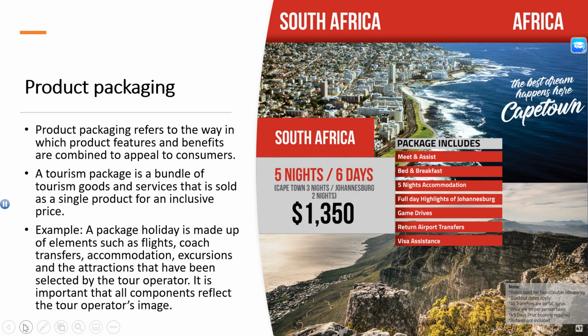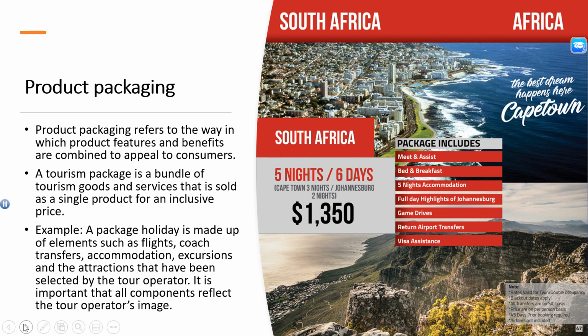The next important consideration when we are speaking about the professional image of a company is how they package their product. Let's just understand the term product packaging. It refers to the way in which product features and benefits are combined to appeal to consumers.